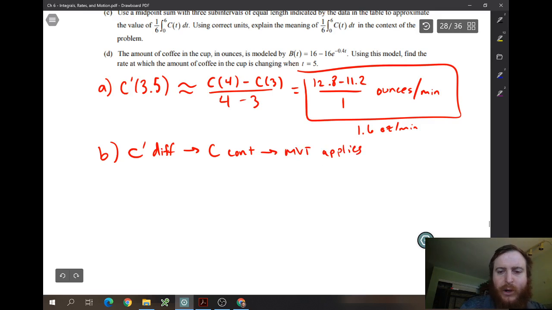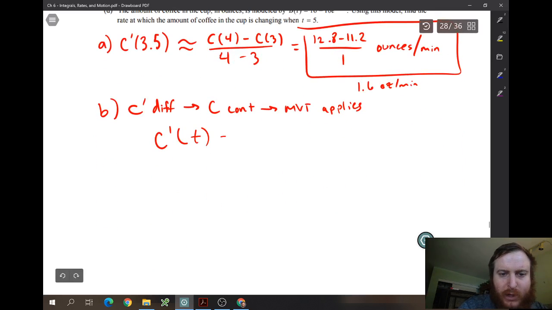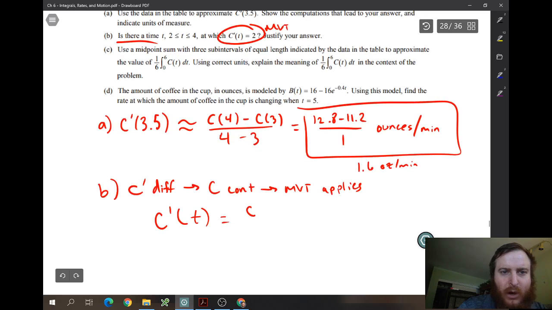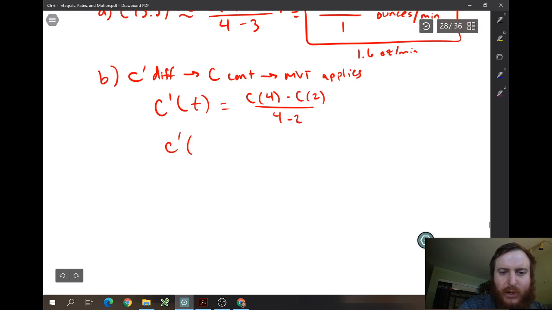Okay, so now I want to do MVT, which would basically be saying C prime of t could be equal to, now we're going to do C of our endpoint, so C of 4 minus C of 2 over 4 minus 2. And then we just go on our table, so C prime of t equals C of 4 was 12.8 minus C of 2 is 8.8, over 2. That's going to give me 12 minus 8, the 0.8s cancel, is 4. 4 over 2 is 2.